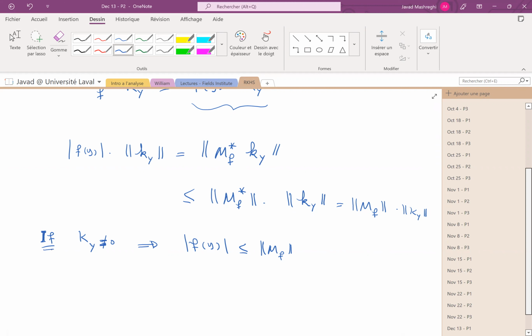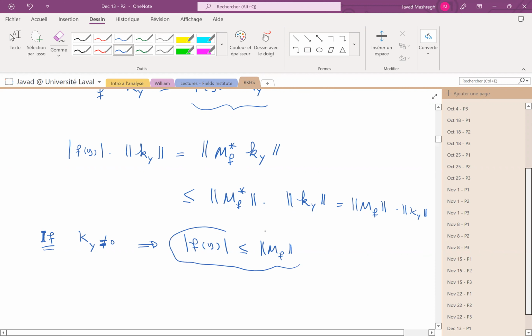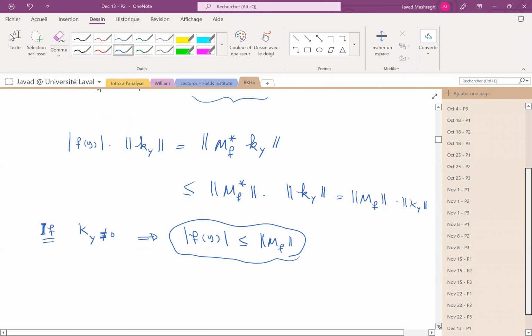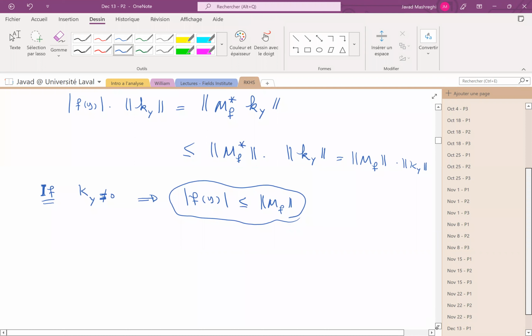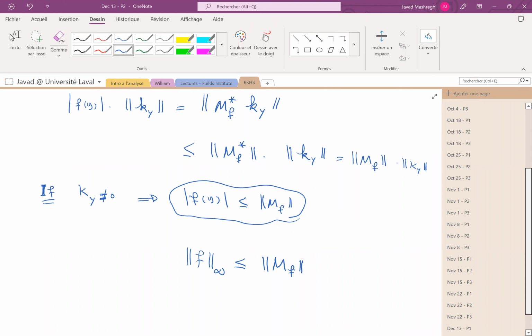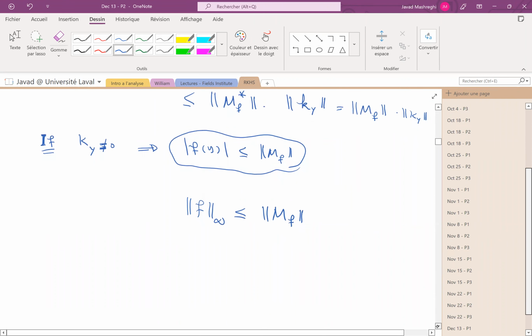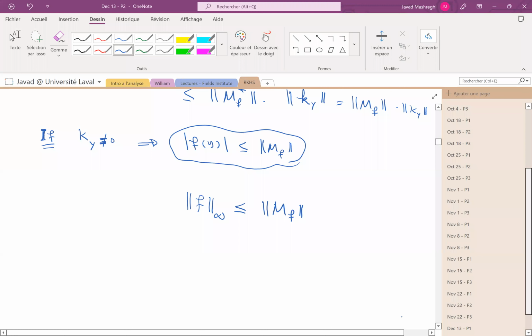So here is the conclusion. F(y) is majorized by a constant. I hesitate to write it in this way, even though it's written in this book and in many other places, because when we write norm infinity, usually a measure is involved, but here it's for all y. So we don't need to think about the measure.